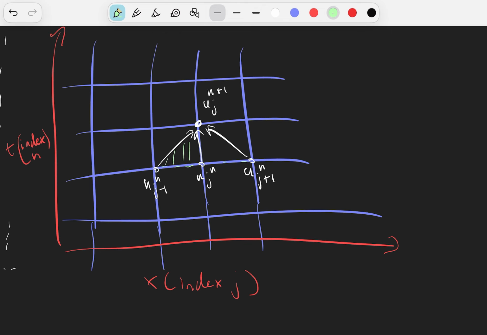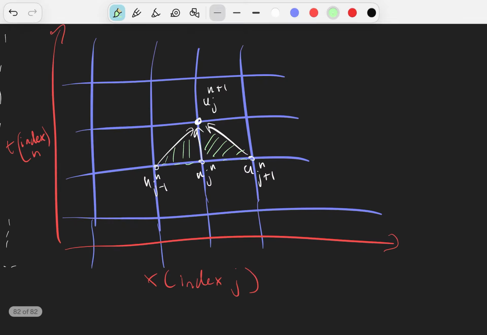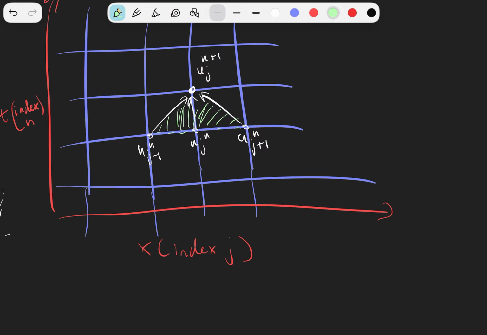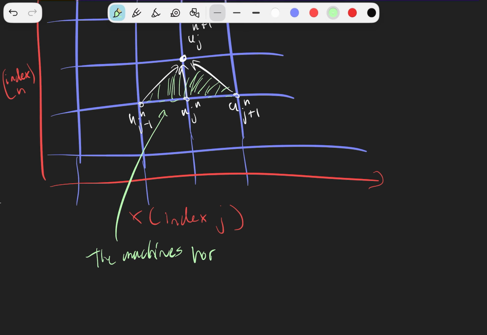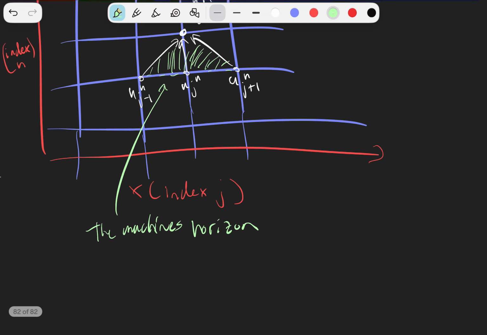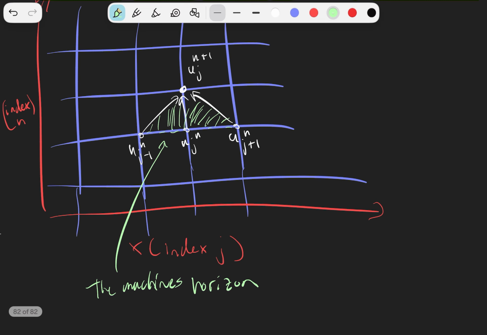And we have this region here. You can think of this region in the grid as the machine's horizon, right? The machine can only see this far, in other words.